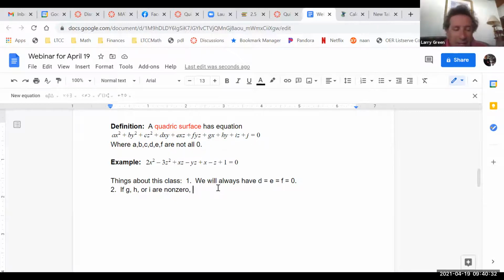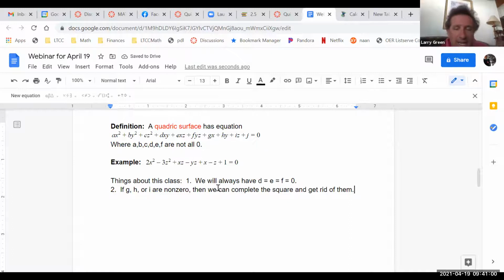It's messy, but it's not anything harder than, probably, intermediate algebra. Yeah, then we can complete the square and get rid of them. So you complete the square, get rid of them.